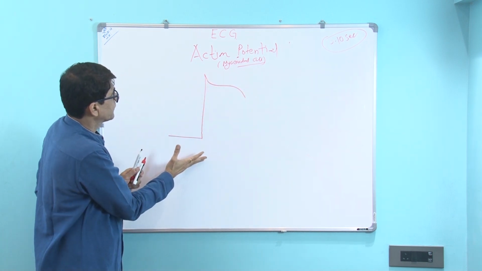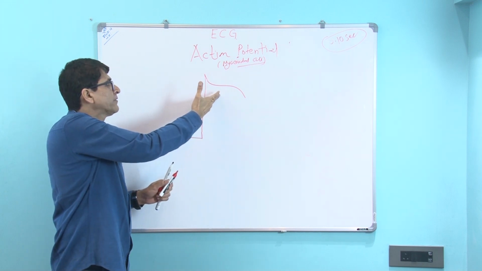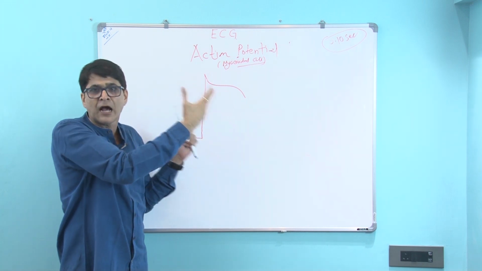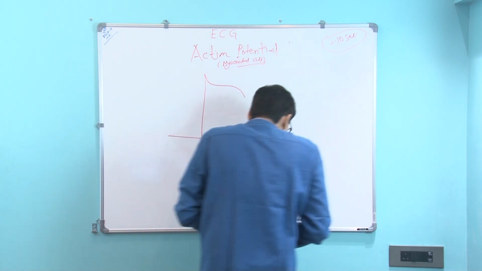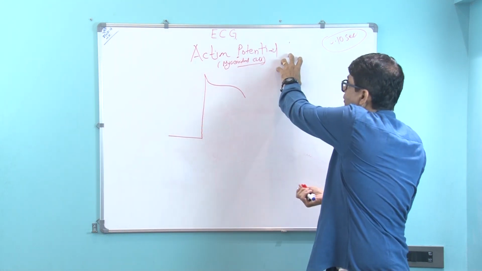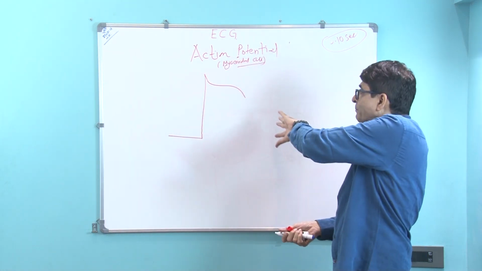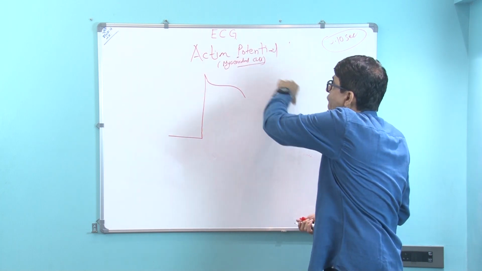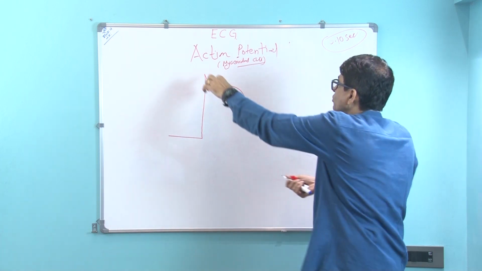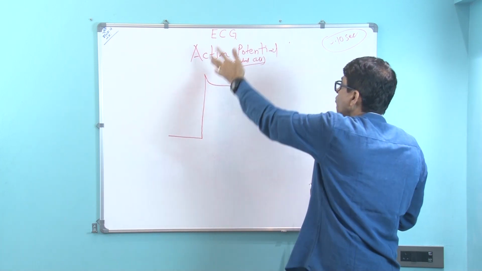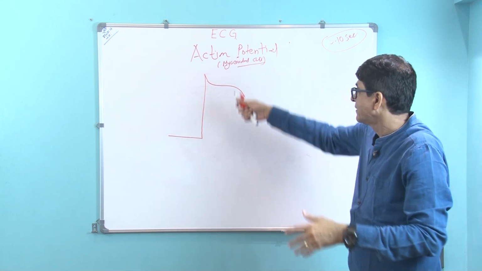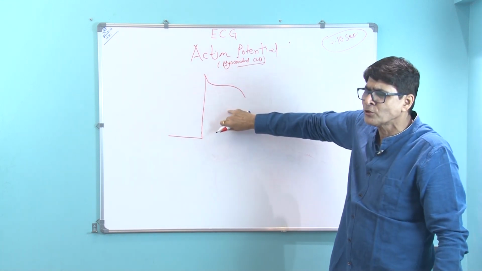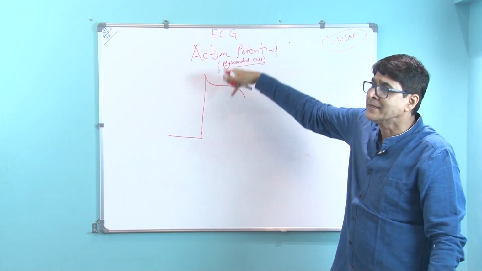What happens? Ultimately, how does cardiac myocyte depolarization take place, and where does it come from? It comes from the depolarization of the node, which we are going to take later, but the node has depolarized. Now that depolarization is a wave, right? So that comes to the cardiac myocyte, mostly the ventricular myocyte and atrial myocyte.